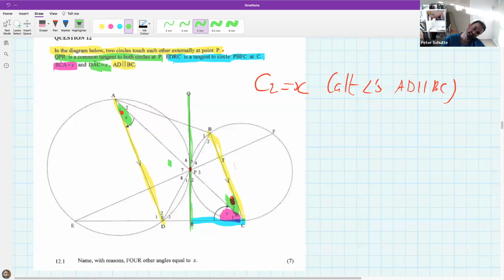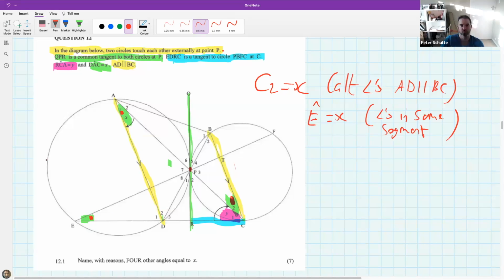I am getting the sense that this chord PD makes that angle there, and it can also make this angle up here. Let's see if I can get that. There we go. We can say that angle E is equal to X, and that's going to be angles in same segment. Okay, so we've got 2 so far.